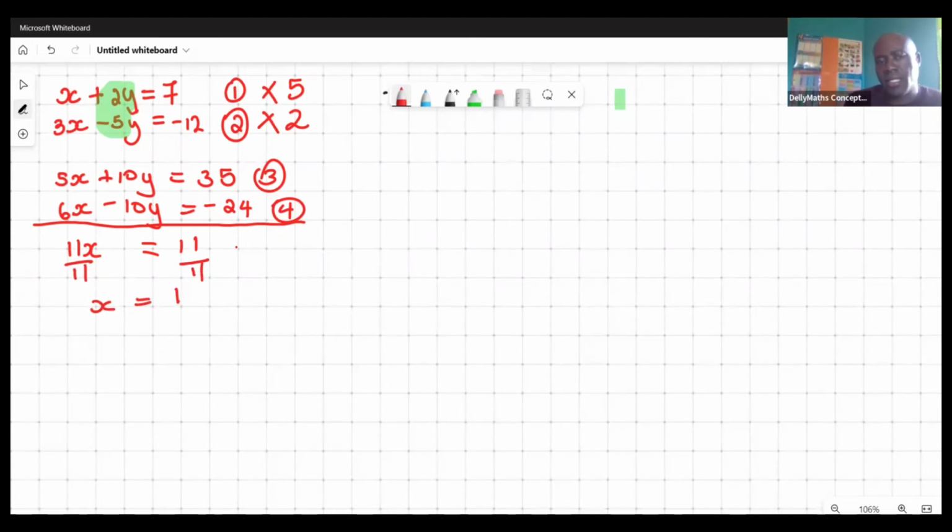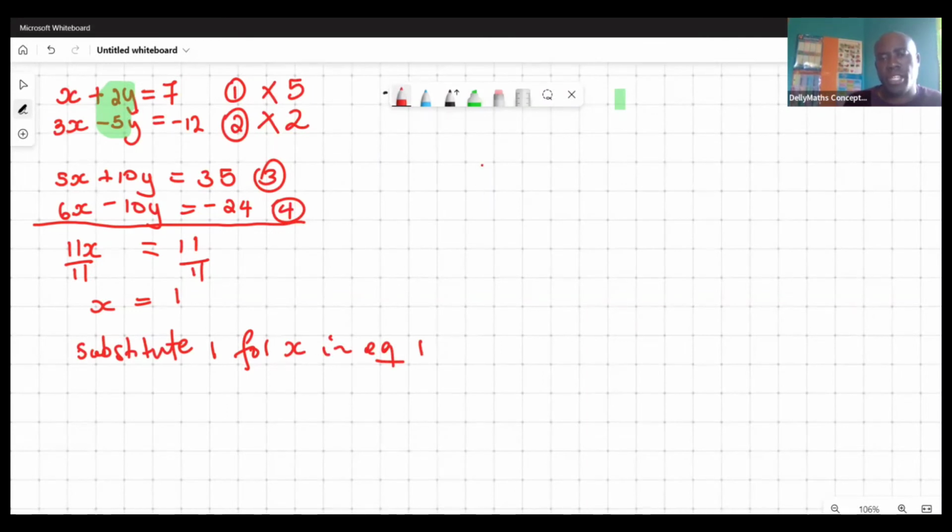Now that I know that x is equal to 1, I can use this in any one of the 4 equations to find y. There are many things you can do, but I could substitute 1 for x in equation 1.